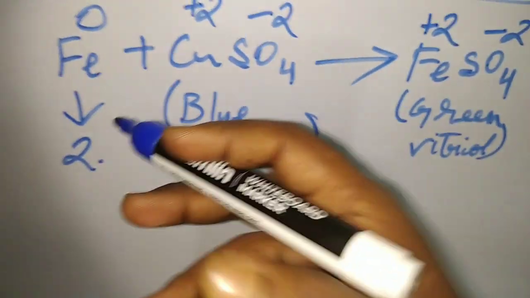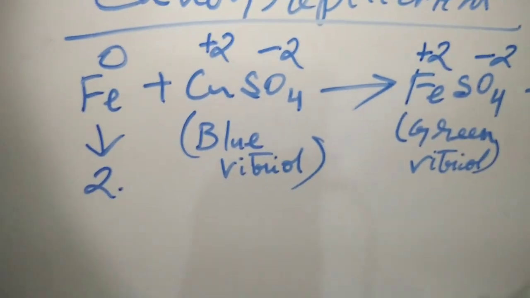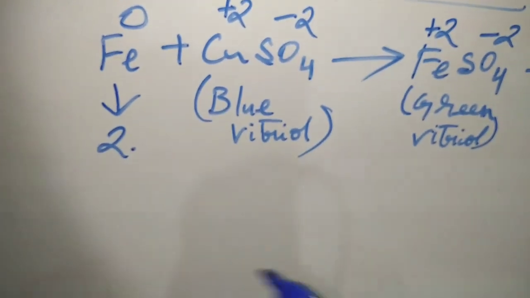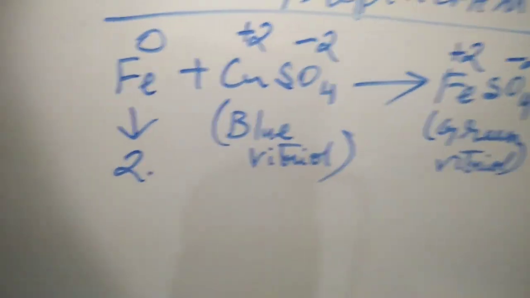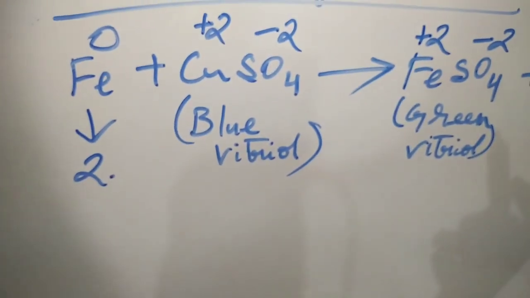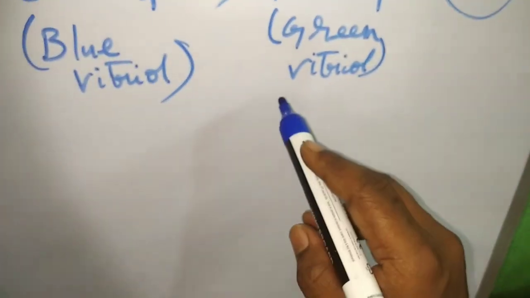And after iron becoming Fe ion, what iron will do? Iron cation. Yes, students, iron cation will form a compound with sulfate ion to form FeSO4. Okay, students, this is only the cation replacement.